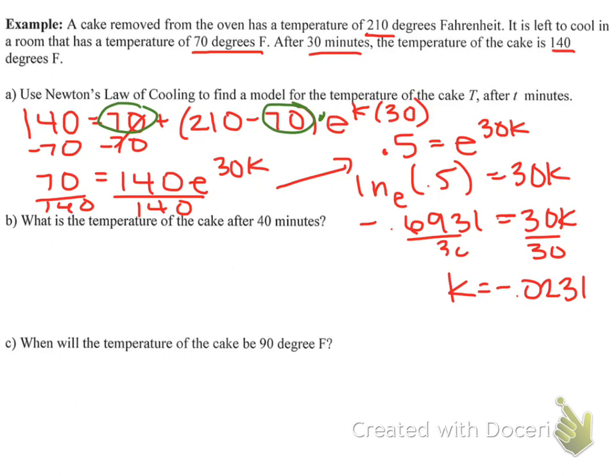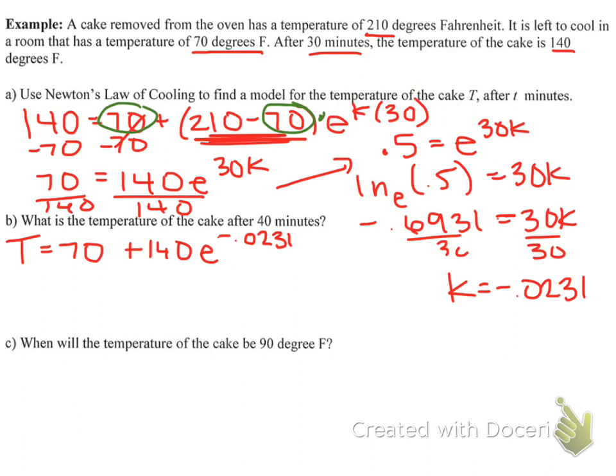You're going to take out the ending temperature and you're going to take out the time, and the rest of the information stays. The starting temperature and the temperature of the room are not going to change. So for letter B, the equation would be T equals 70 plus 140, because the starting temperature minus the room temperature is never going to change, so you can write that just as 140, e to the negative 0.0231 times t.